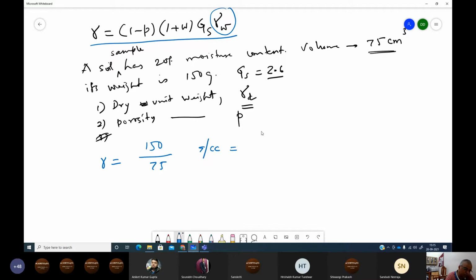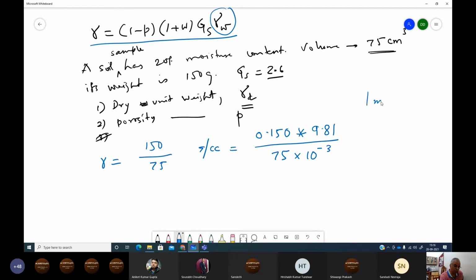So what we'll use: 150, this is kg, into 9.81 divided by 75 centimeter cube into 10 to the power minus 3. Right? It is centimeter cube, so we have to make it meter cube.